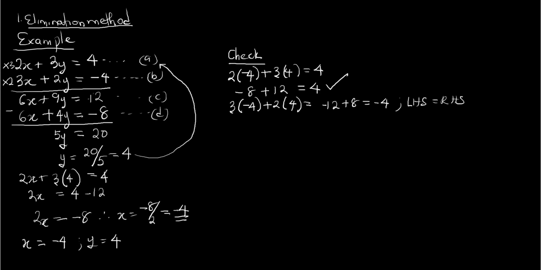Now let's see if we can go in and look at the other methods used for solving such kinds of equations. The next one we want to look at is the substitution method. With the substitution method, our aim is to make one of the variables the subject of the formula in one of the equations.